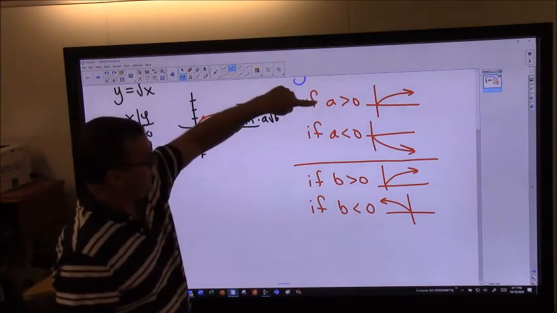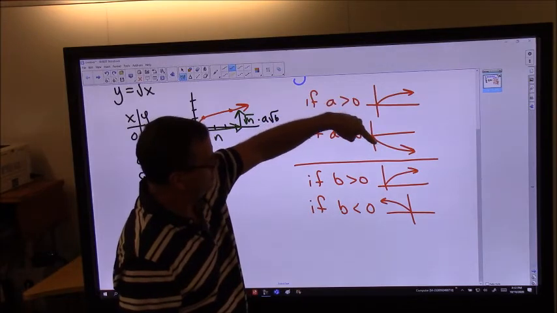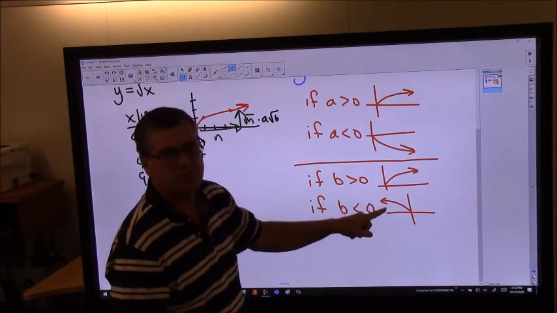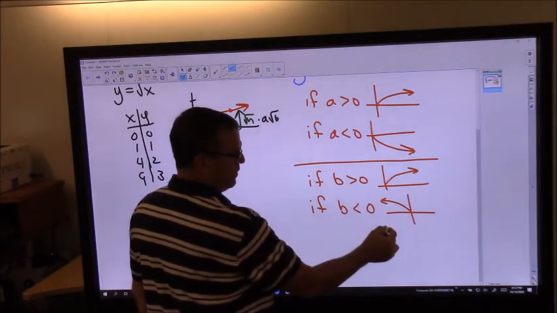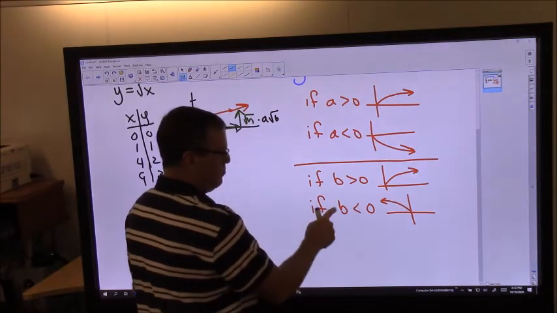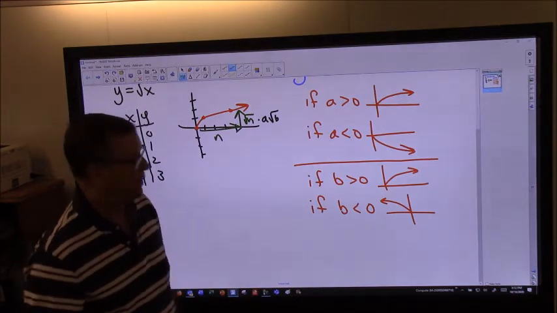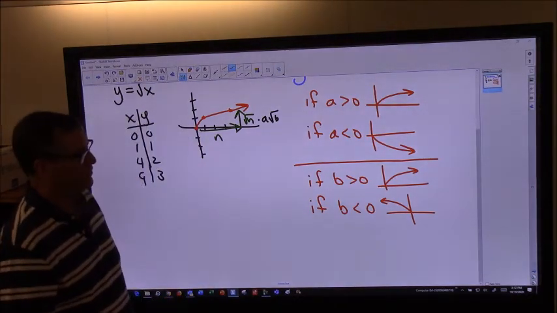So really, A tells us, does this thing go up or down? And B tells us, does it go to the right or to the left? You know, could we be down here in the third quadrant? Yeah, if A is negative, it's going to go down. And if B is negative, it's going to go to the left. So if both A and B are negative, that puts us in the third quadrant. All right?